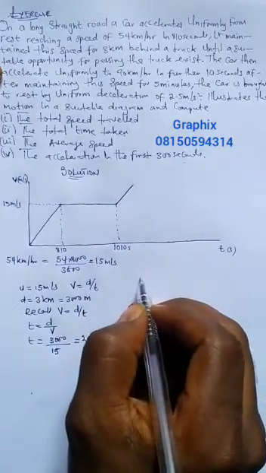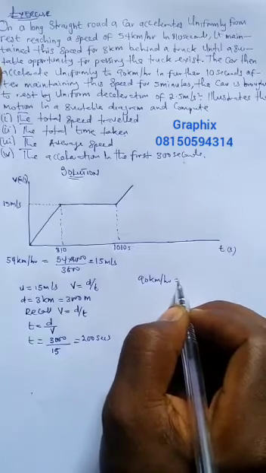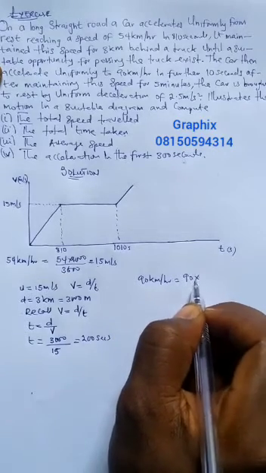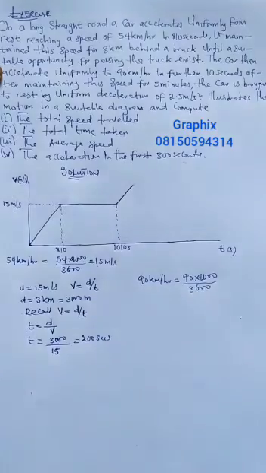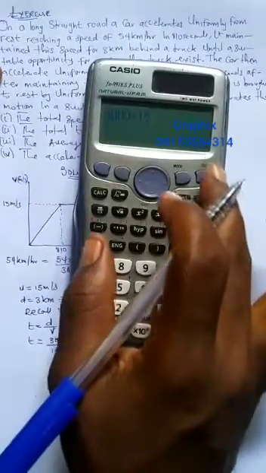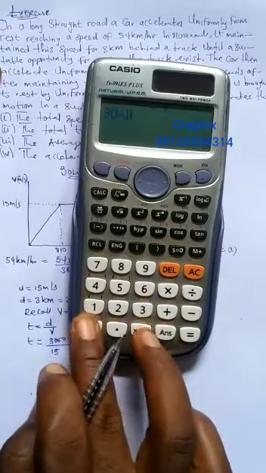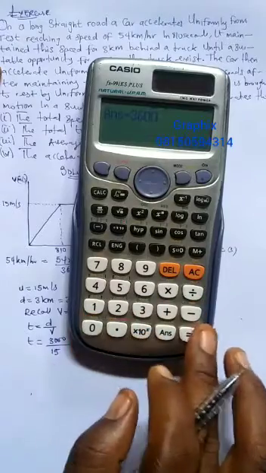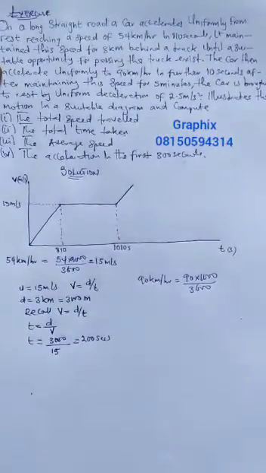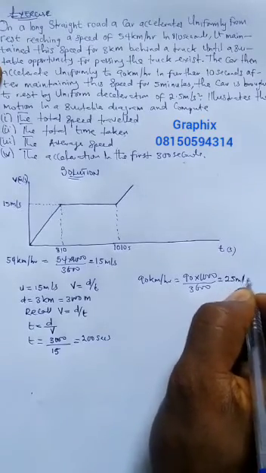If I convert 90 km per hour into meters per second, it will be 90 multiplied by 1000 divided by 3600, and we have 25 meters per second.